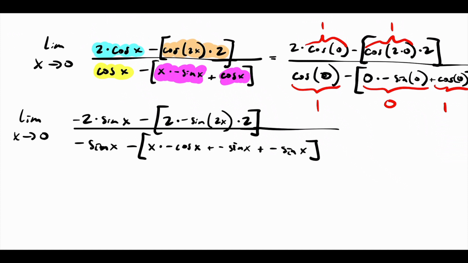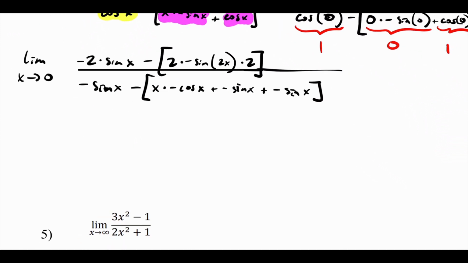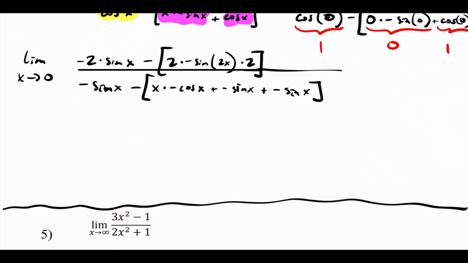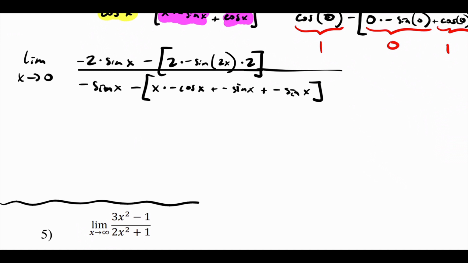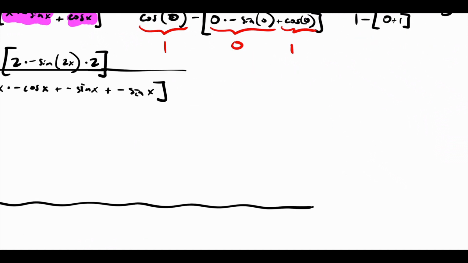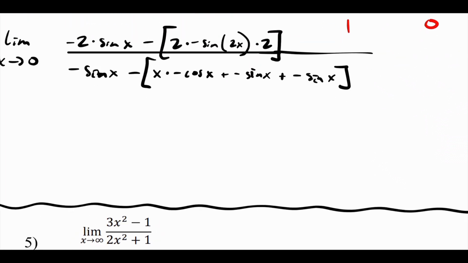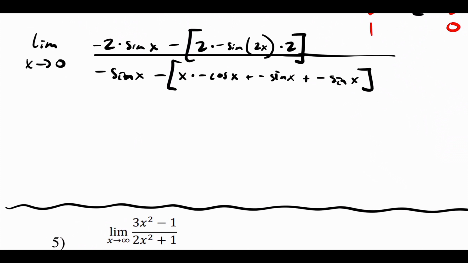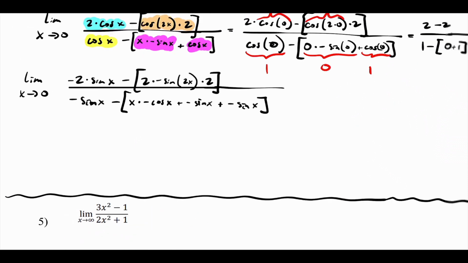It's a lot, but you have a bunch of sines and cosines. So we're going to plug in 0. So you're either going to get 1 or 0. When we plug in 0, let me do it over here.